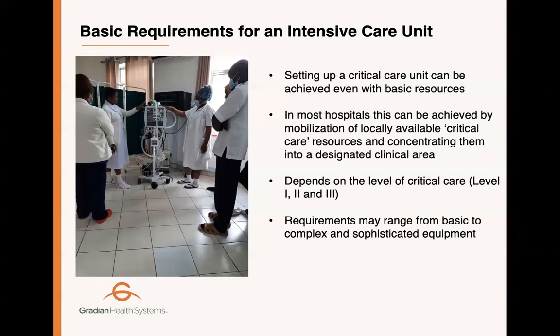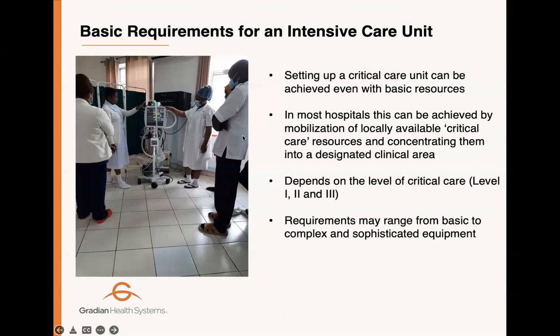What matters is to identify an area and look around for the equipment that's available. It is good if you are able to purchase, but if not, with what is available, you can still start and set up your ICU.